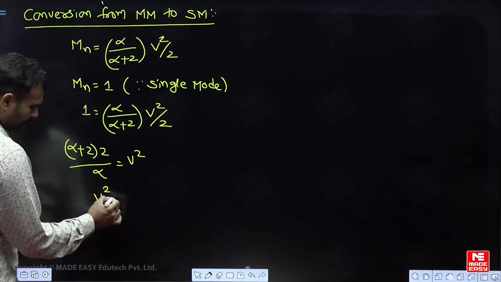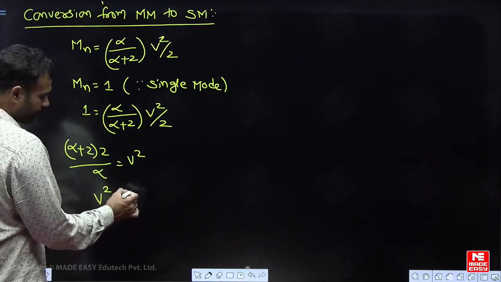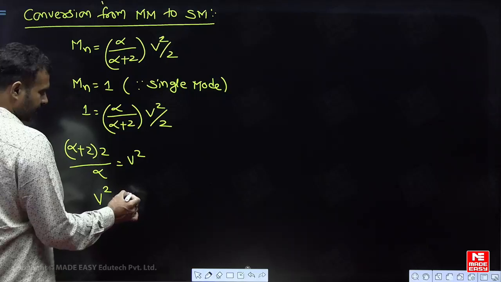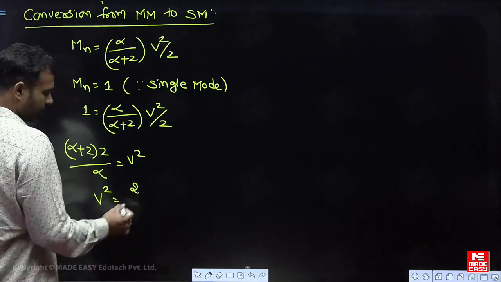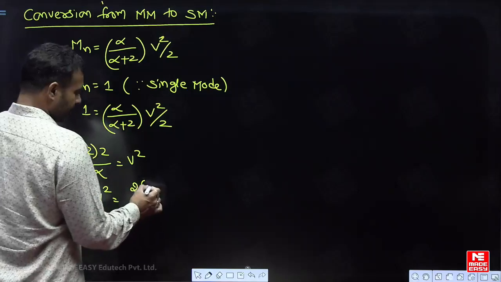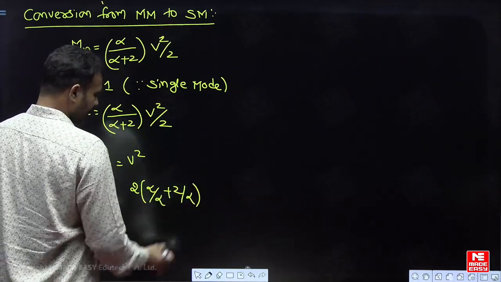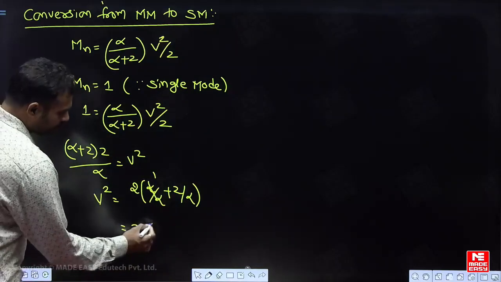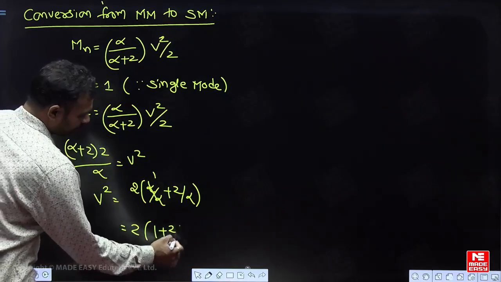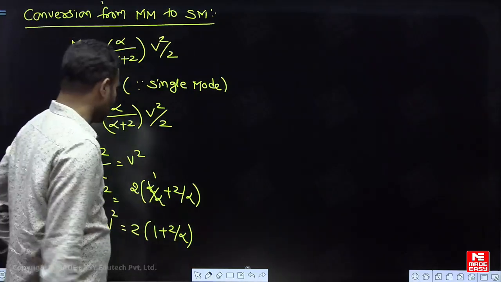Observe carefully, we are splitting it: alpha by alpha plus 2 by alpha. The alpha will cancel out, equal to 1, so that is 2 into 1 plus 2 by alpha, equal to V square.